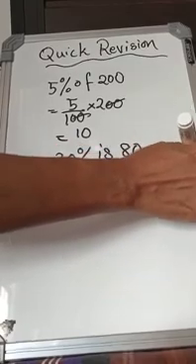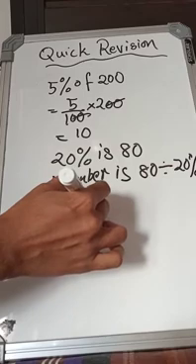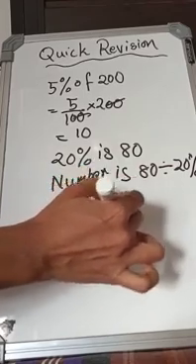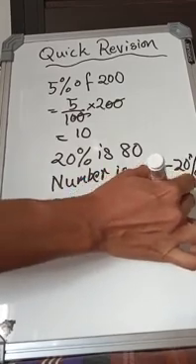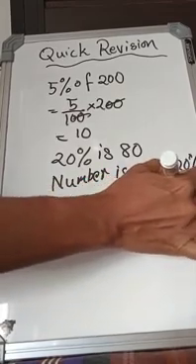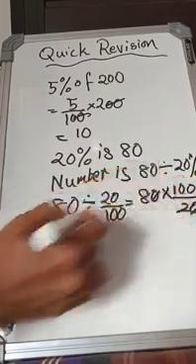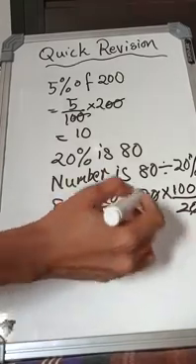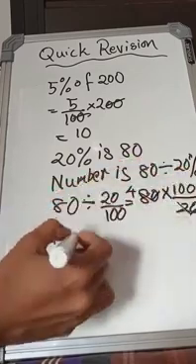You will write this as 80 divided by 20 by 100. You will write the reciprocal, 80 into 100 by 20. This you can cut, you'll get 4 here, 400.